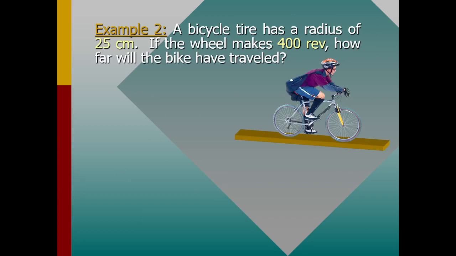The second example is a bicycle tire has a radius of 25 centimeters. Remember, that is 25 centimeters. You need to change it to meters. If the wheel makes 400 revolutions, how far will the bike have traveled?